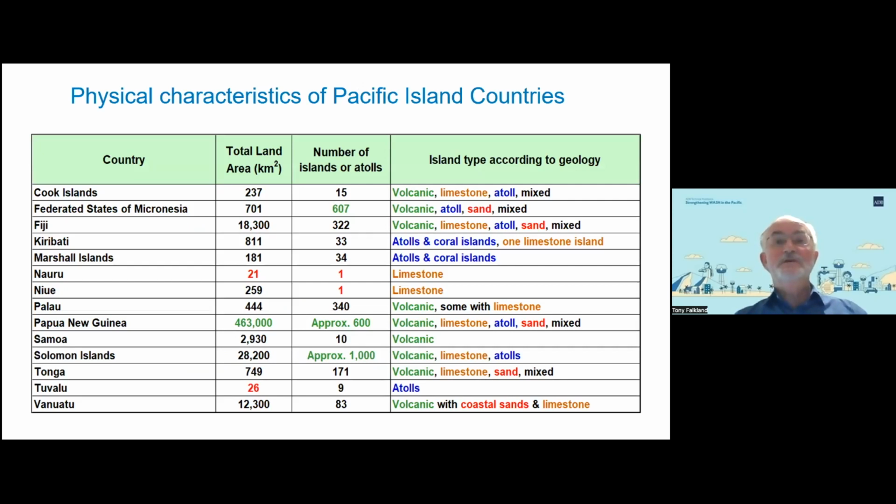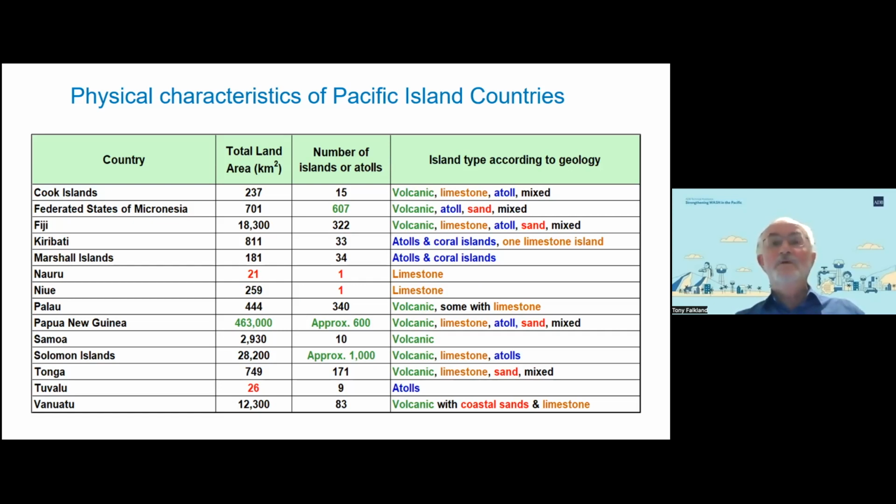Moving on to the physical characteristics of Pacific Island countries, we're looking at the 14 actual countries and not territories of other larger nations. And in the second column there, you can see the large variation in total land area measured in square kilometres, from 21 for Nauru, 26 for the islands of Tuvalu, right up to over 460,000 square kilometres for Papua New Guinea.